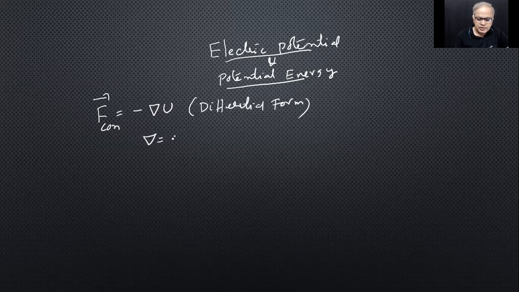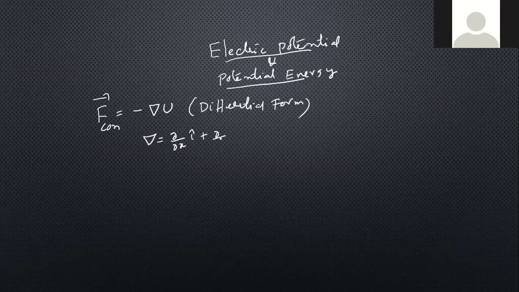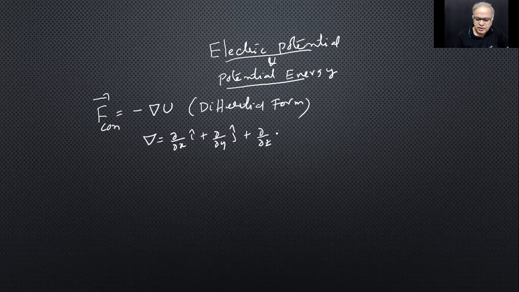The vector operator: dou by dou x i cap plus dou by dou y j cap plus dou by dou z k cap. This is a differential form. Why am I saying differential form? For example, if this conservative force has only x direction, it is minus dU by dx. Exact differential I can make. That is, we are talking about some electric field or gravitational field in x direction like that.